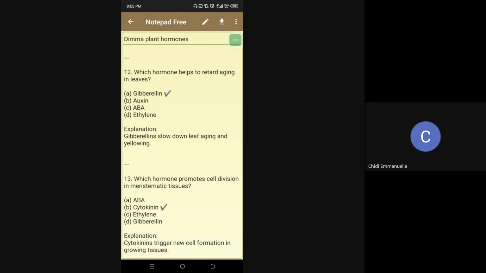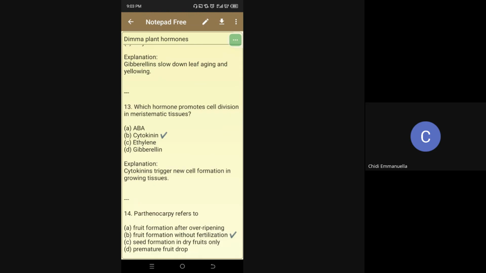That means which hormone helps to stop aging in leaves, does not allow the leaf or different parts of the plant to grow old. The best answer is gibberellins. Gibberellins slow down leaf aging and yellowing. That's what gibberellins do.